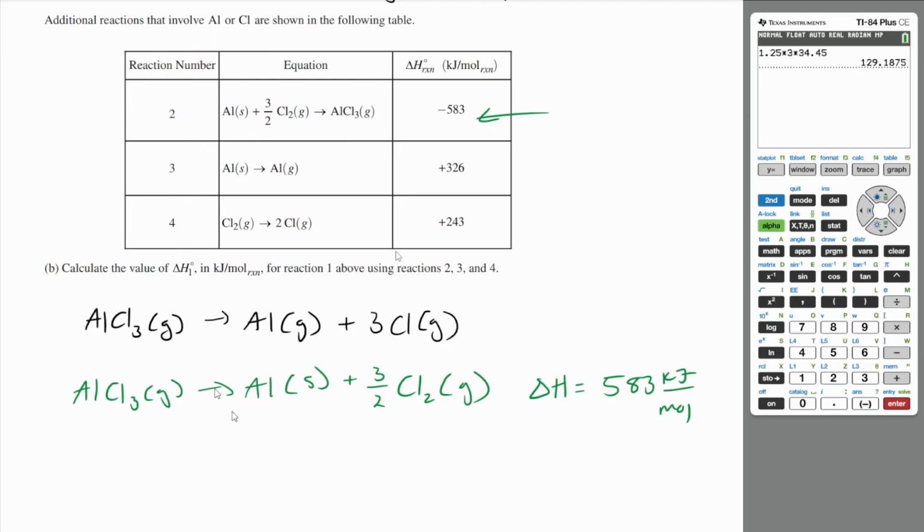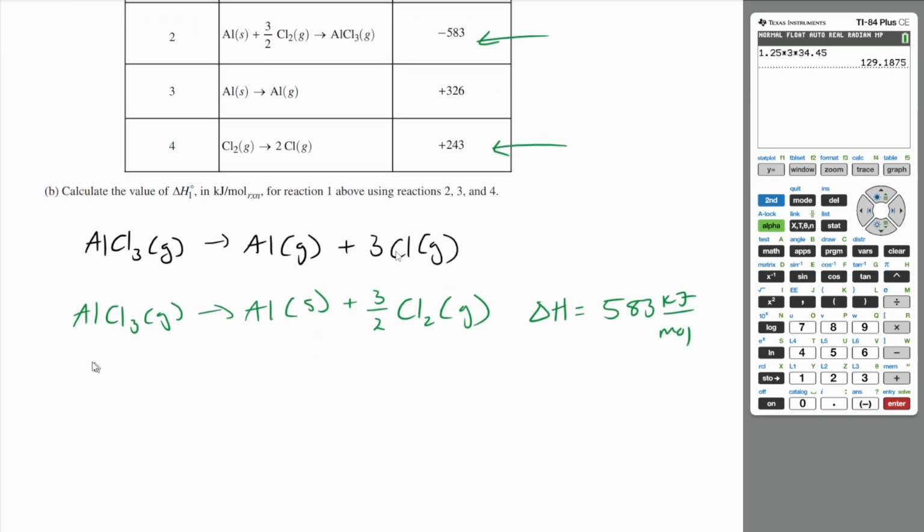All right, we have one of our compounds down, but the other 2 are still wrong. One thing that we can see from reaction 4 is that we can produce our chlorine atoms from our chlorine gas. We can form the atoms instead of the molecule. So how do you get rid of 3/2 of chlorine gas? Well, what you can do is you can take this reaction and multiply by 3/2.